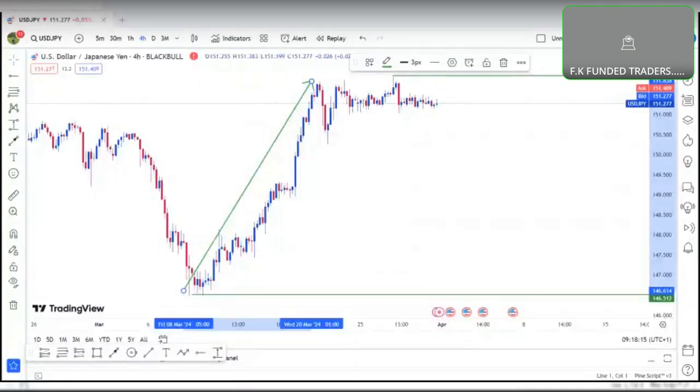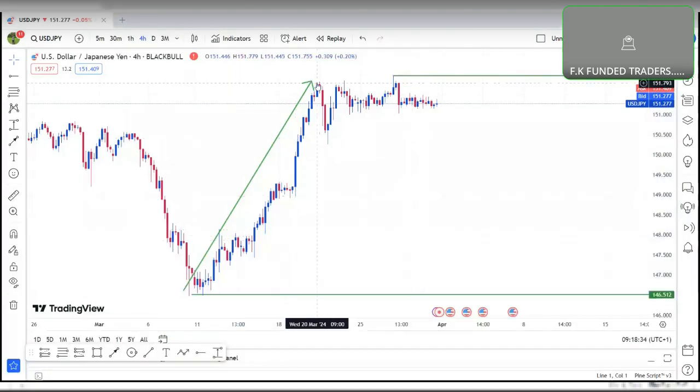And you cannot have sales on gold and at the same time have sales on USD/JPY. No, those are correlating pairs. If one is buying, another one has to sell. So we are going to analyze this.